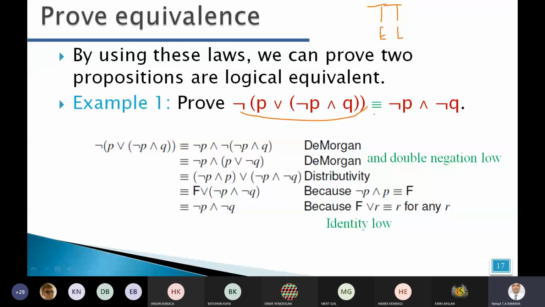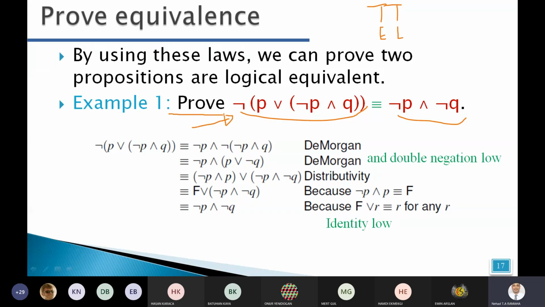It says that if we have this one, not of P or not P and Q, it's logically equivalent to not P and not Q. This is not a rule.